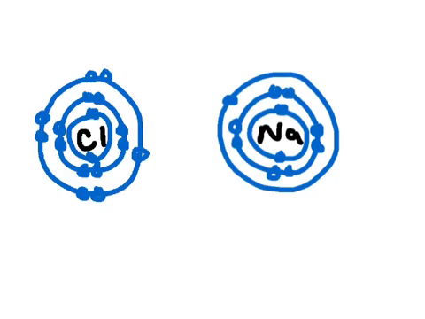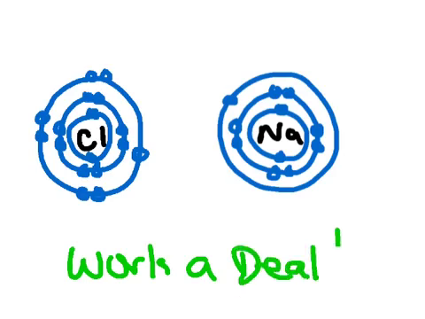I think we can work a deal. So here's what happens. In this particular case, it is in sodium's best interest to give the electron to chlorine and chlorine to take it. That way they each end up with filled energy levels.